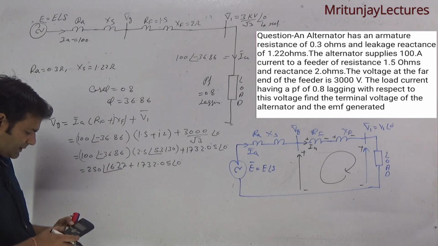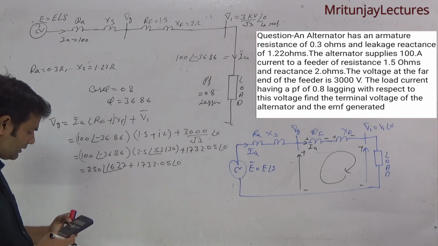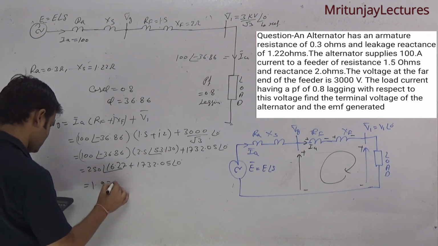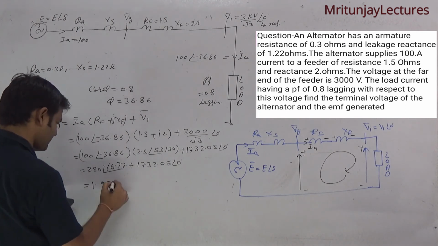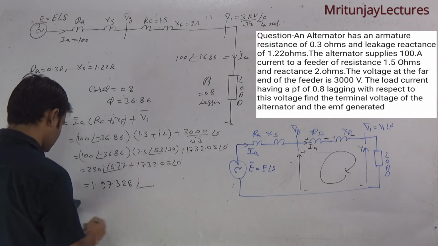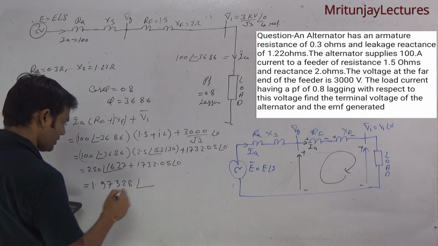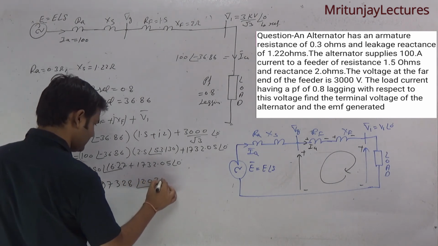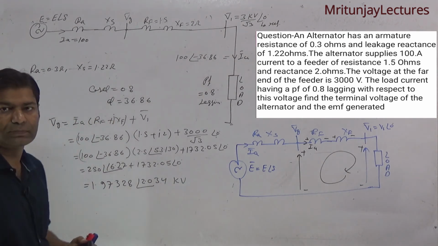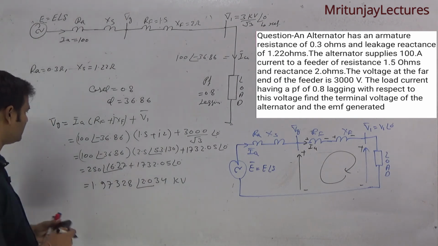Finally we got 1973.28 at the angle 2.034, in volts. That is VG.